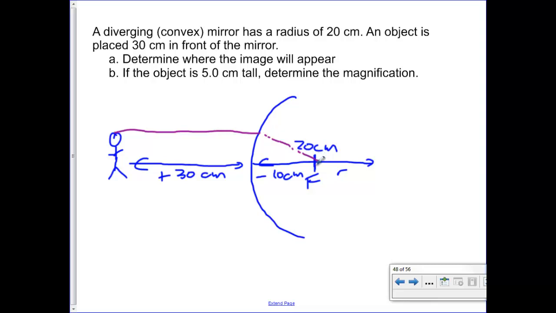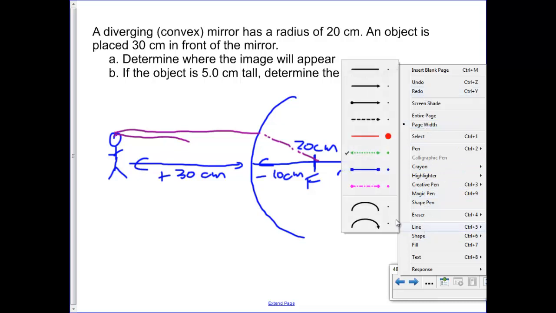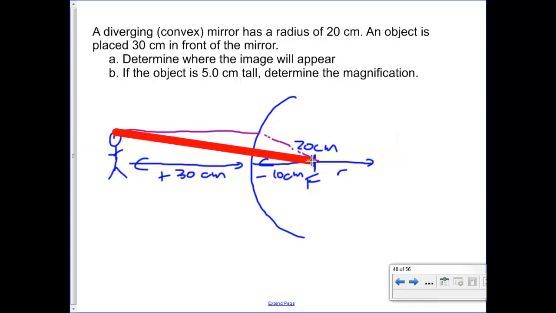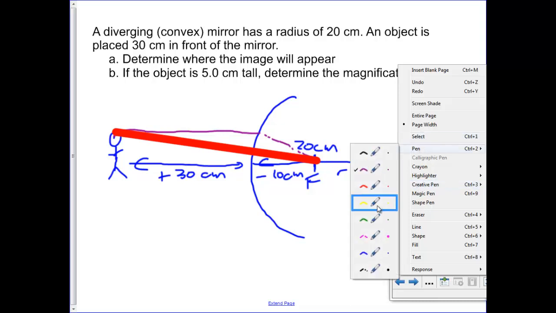First parallel, and it'll draw it into the focal point. Then I'm going to draw it as though it was, ooh, I need a ruler for this. Line. Then I'm going to draw it as though it was supposed to be going directly to the focal point, but as soon as it hits the mirror, it will actually go parallel.